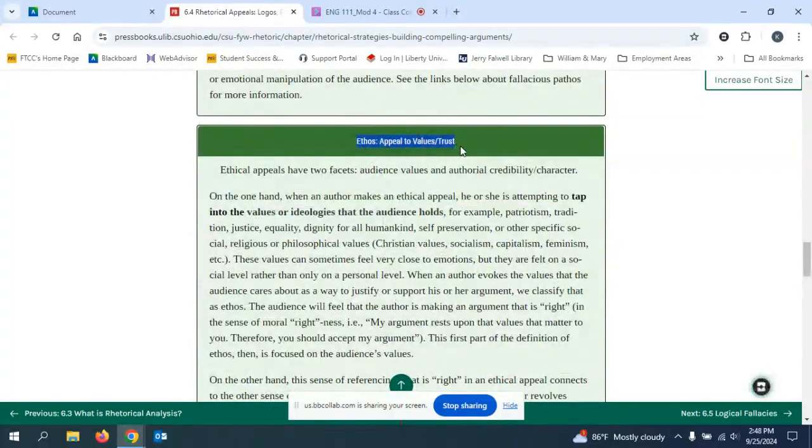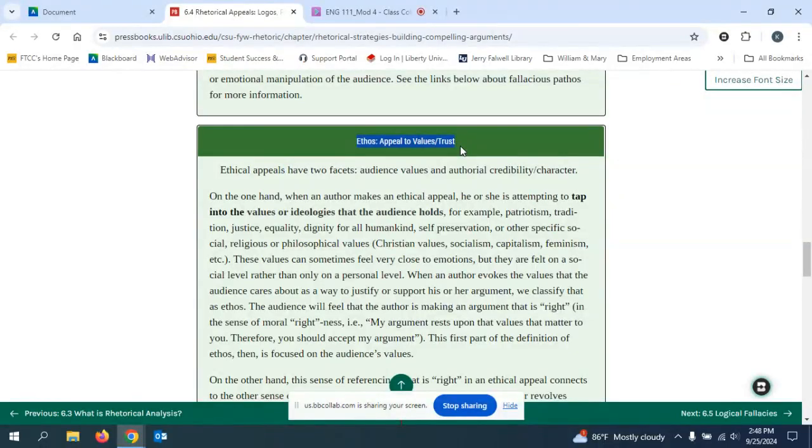Ethos is the third one. This is the one that students tend to struggle with the most. This is about appealing to the audience's values in order to build trust. So I'm going to shorten that to say, though, that really it's about establishing that the author or the speaker has credibility.